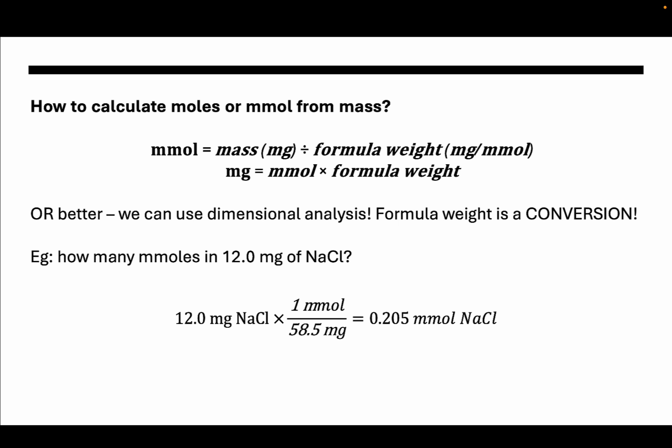The milligrams cancel, we're left with units of millimole, and 0.205 millimoles of sodium chloride. Just like we saw concentration used as a conversion, so too is this formula weight. 12.0 milligrams of sodium chloride contains 0.205 millimoles of sodium chloride particles.